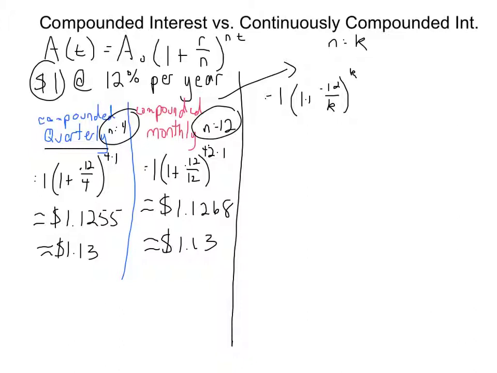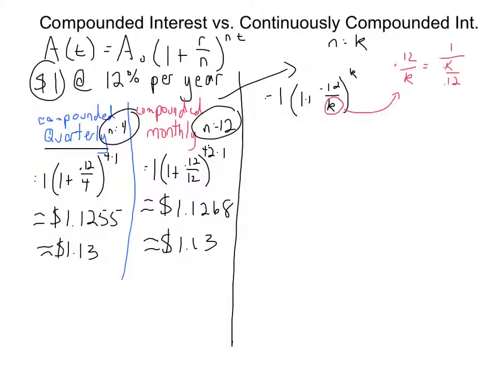All right? But we're actually going to do this problem in such a way that we kind of work backwards. So, watch me now. Follow me closely. This is a little mini proof. We're going to take this 0.12 over k, and we're going to rewrite the whole thing as 1 over k over 0.12.